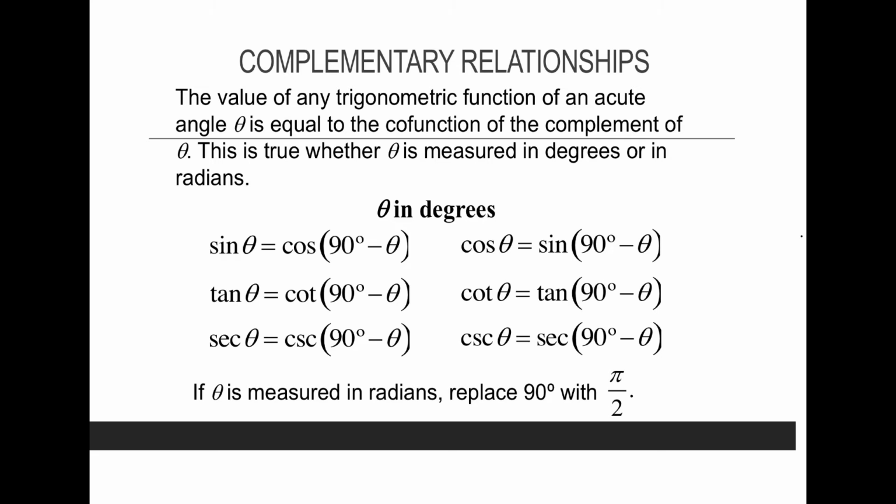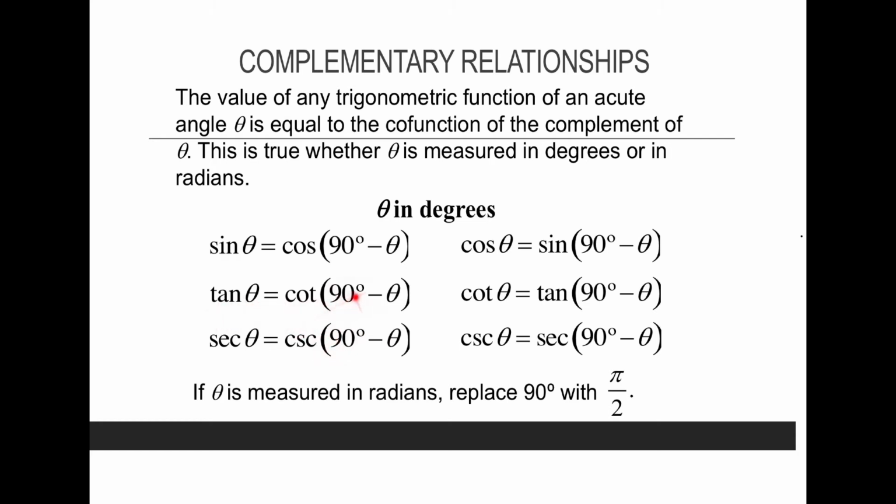But what we see is, if I take the sine of theta, it's going to be the same as 90 minus theta, taking the cosine. And the same is true vice versa. Cosine is equal to 90 minus theta's sine.